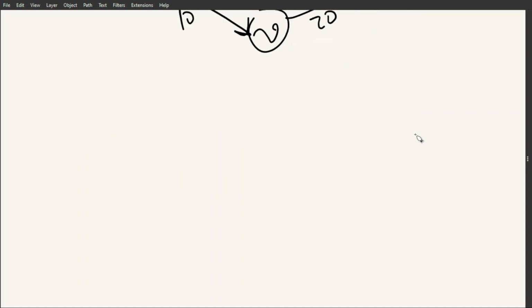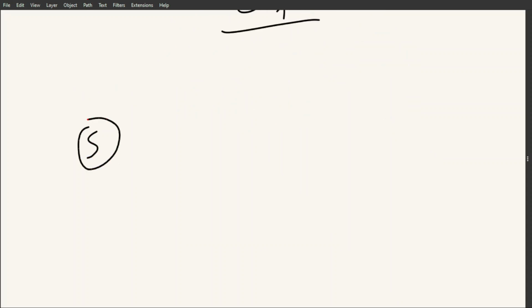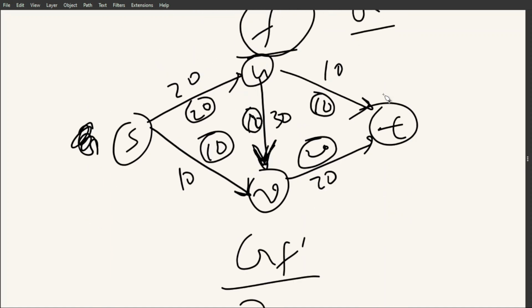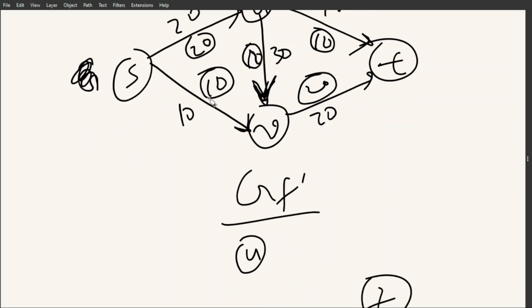So next we compute the residual graph GF prime for this new flow F prime. So again S, U, V, T. First we consider the SU edge. The flow is full, so there is no forward edge. Only we have a backward edge of amount flow 20.